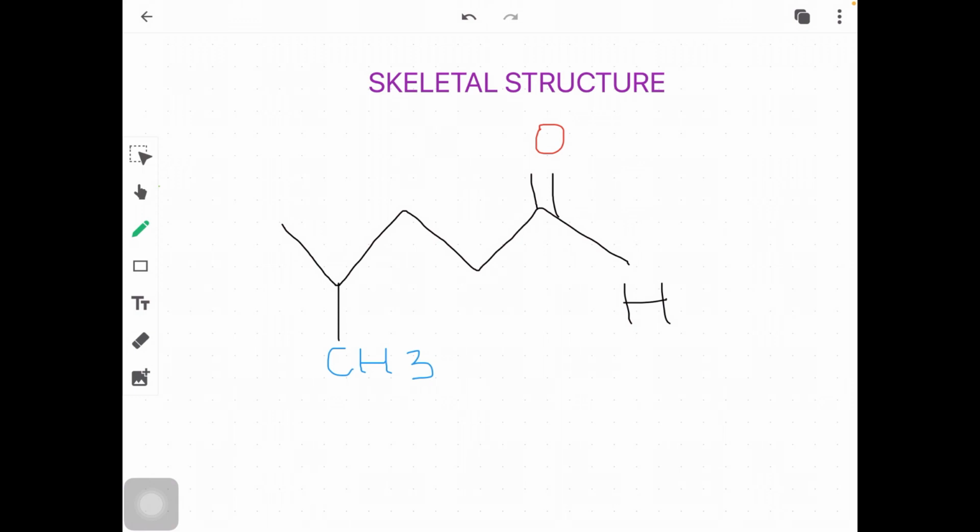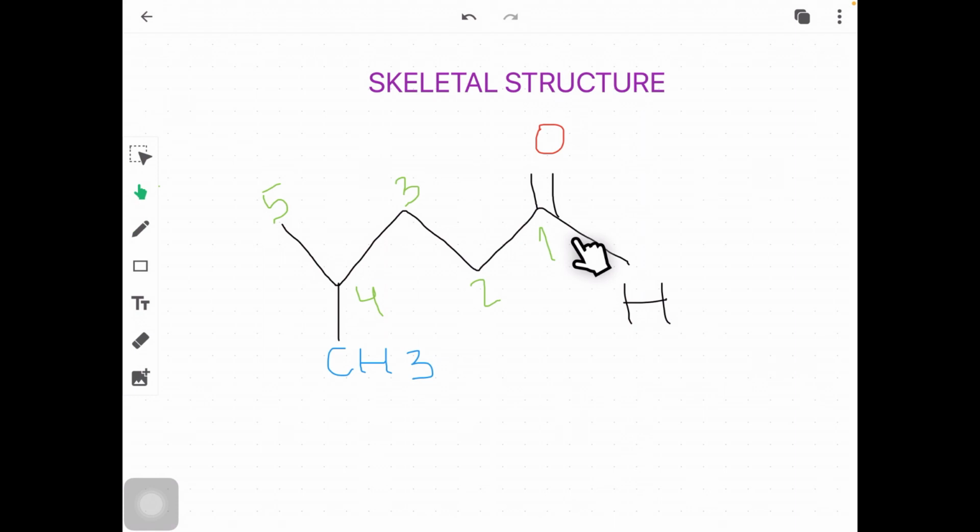So now we can start counting. Remember that the rule says that we have to give the aldehyde the number 1 position in numbering. So we are going to start counting from here. This is position number 1, position number 2, position number 3, position number 4, and position number 5. After numbering our locations, we are going to find the longest chain.